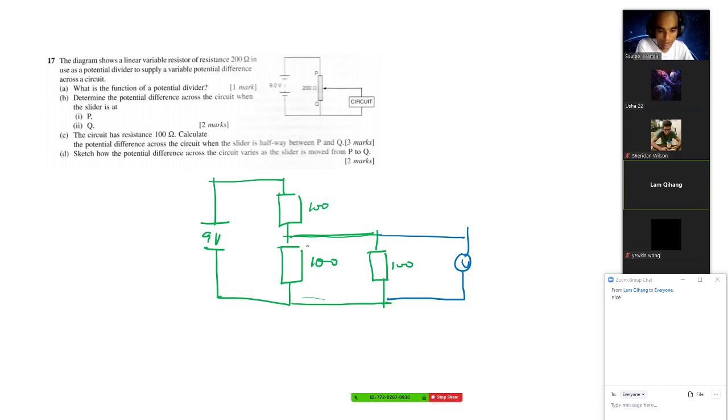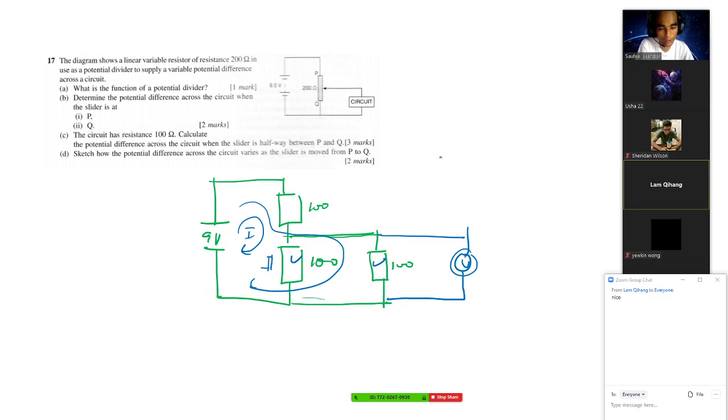Now, we need to simplify the circuit first. We cannot use these and find out how much the V is. We have to simplify, make it one loop. So this is two loops, one over here and one more over here. You cannot use that. We have to use one loop for the sake of using the potential divider.